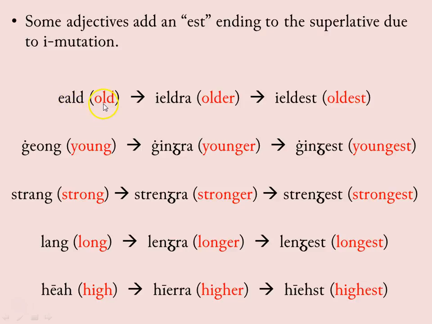So, eald, old. Ieldra, older. Ieldest, oldest. Geong, young. Gingra, younger. Gingest, youngest. Strang, strong. Strengra, stronger. Strengest, strongest.